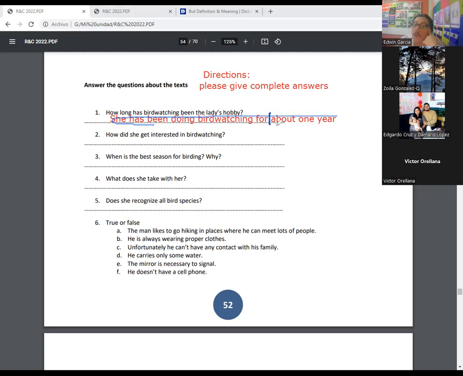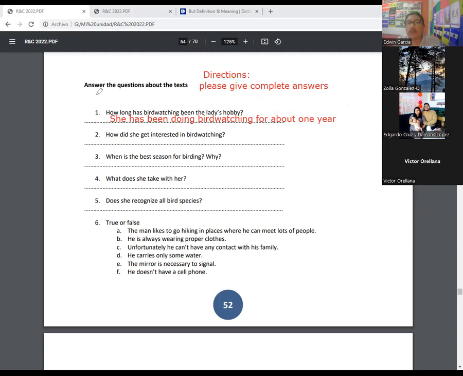Because if you only write this, maybe you are going to get it wrong. Maybe your answer is correct according to the reading, but it's not correct according to the direction. We have to pay attention to the direction.